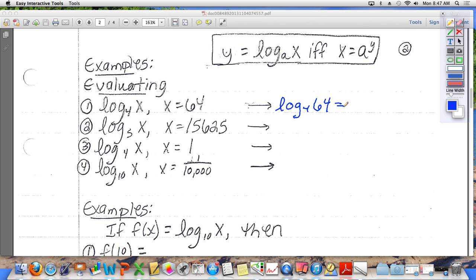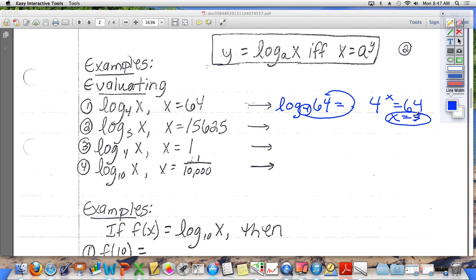So what we need to do is figure out what power we are putting 4 to that will get us 64. 4 to what power is 64? It's 4 to the third power. So the value of the log base 4 of 64 is going to be 3.